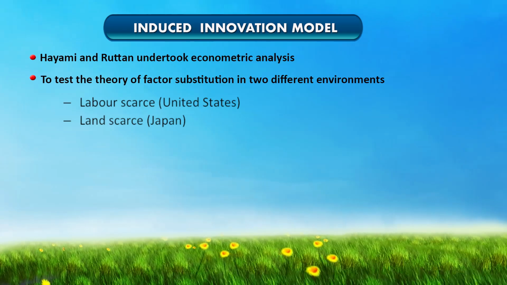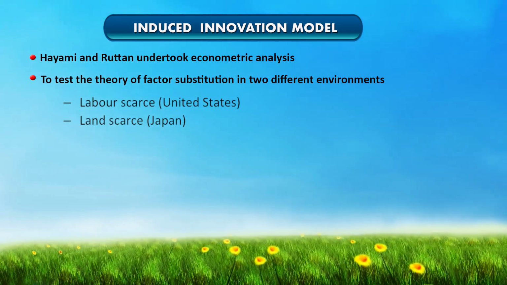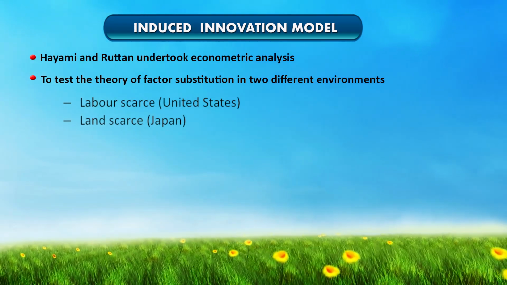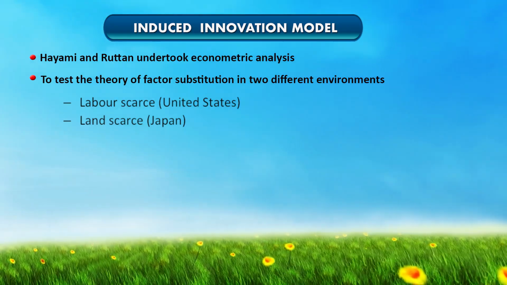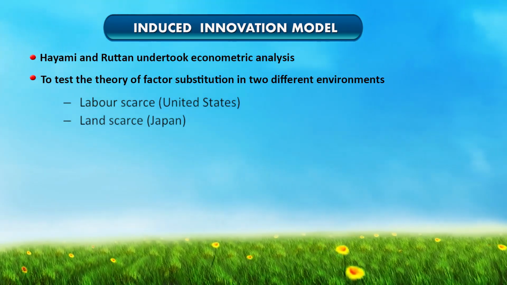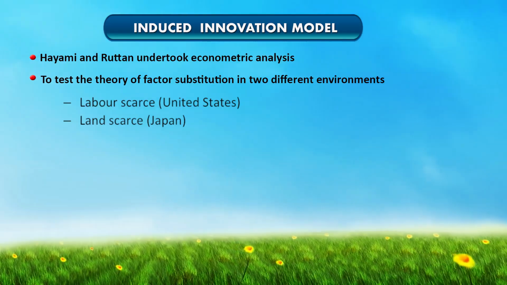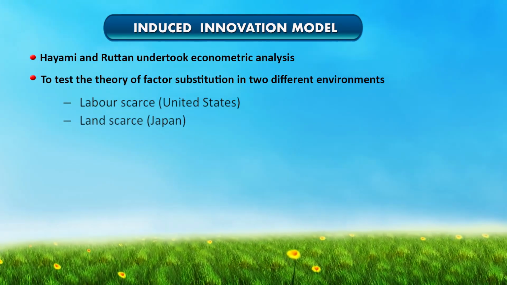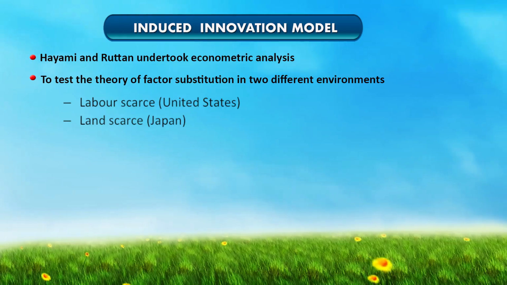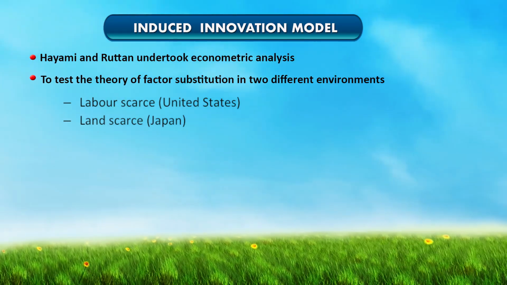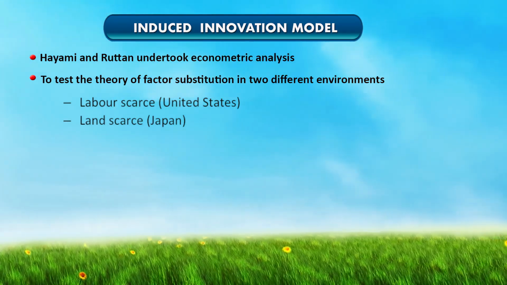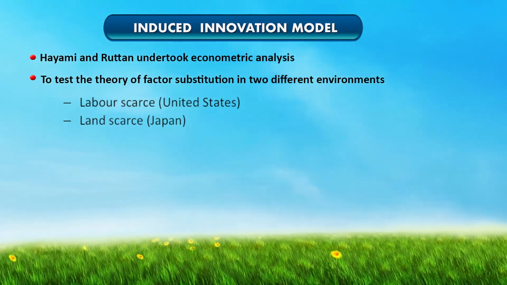We have abundant land there, but labor is a scarce resource in the United States. And Japan, where land is the scarce resource and there is limited availability of land, but labor is there in sufficient amount.